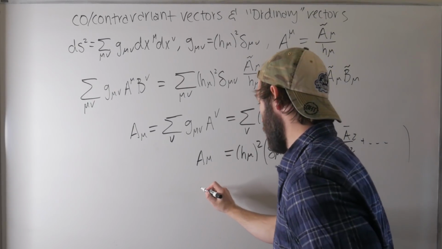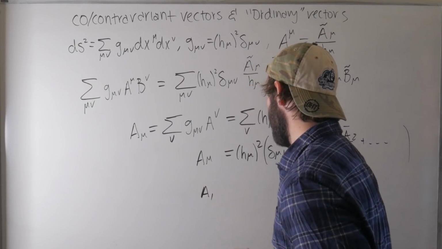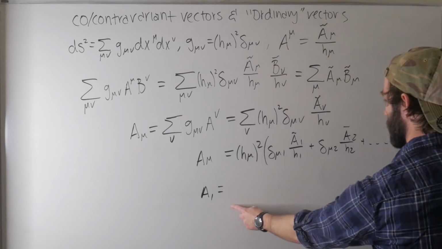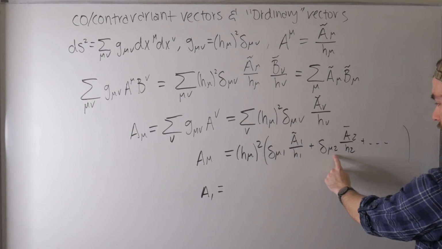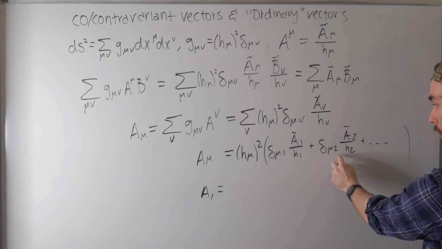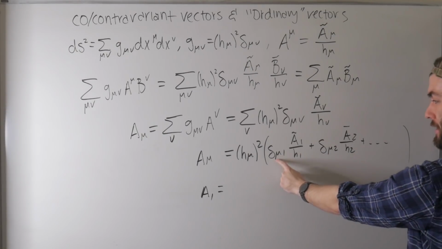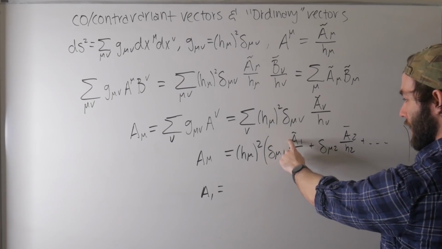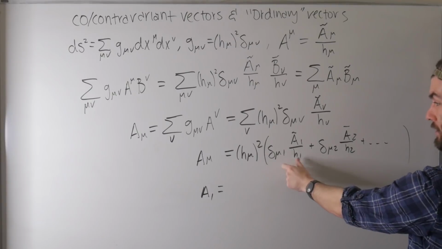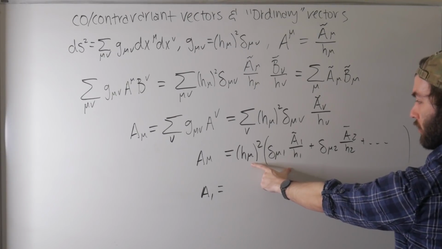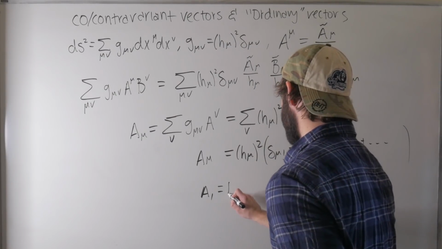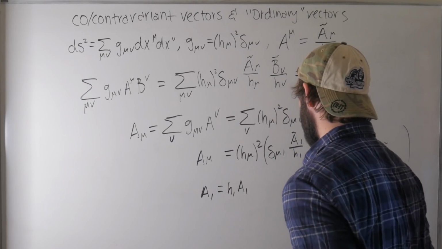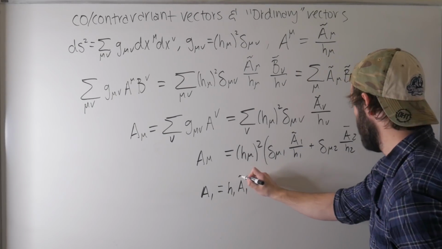So we can pick a component of this. We can say, all right, well, what is the first one? A1. So A1 is going to be equal to, well, the other delta terms go to 0 because we've got 1, 2, that component's 0. This is going to be the only term that survives. So this is going to be A1 tilde over h1 times h1 squared, which is just going to be h1 times A1 tilde.